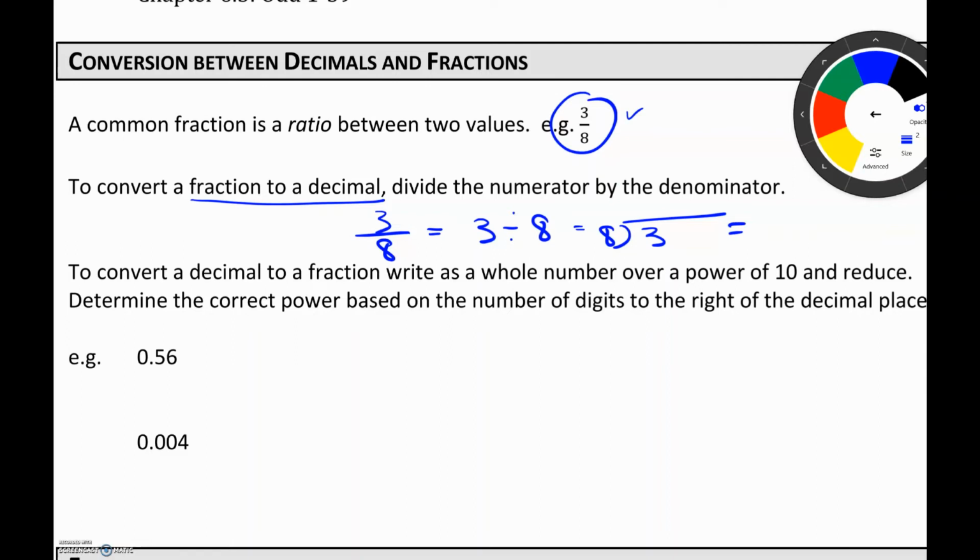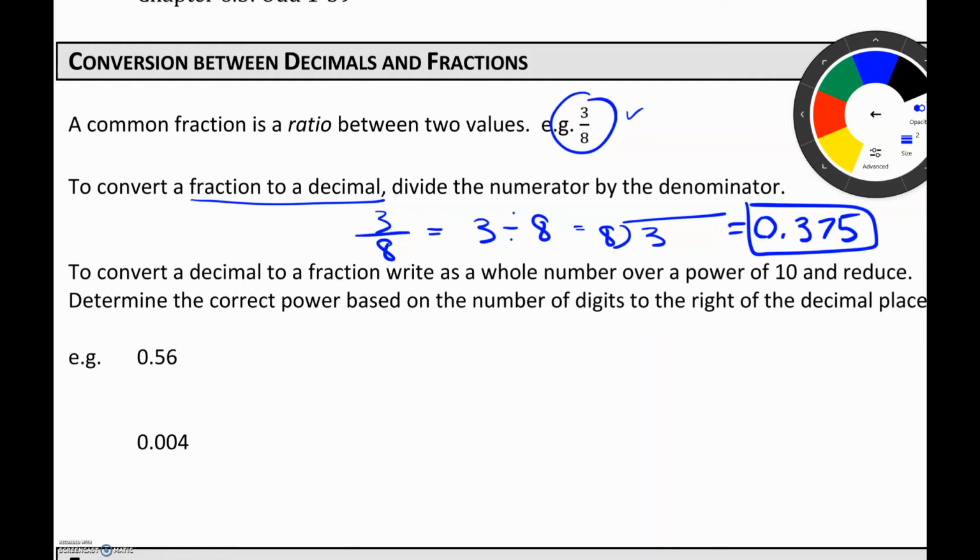Now could you put that in your calculator for me and see what you get? I'll give you a few seconds. Okay, so if you divide 3 by 8 in your calculator, you should have gotten 0.375. So 0.375 is the decimal equivalent to the fraction or the ratio 3/8.